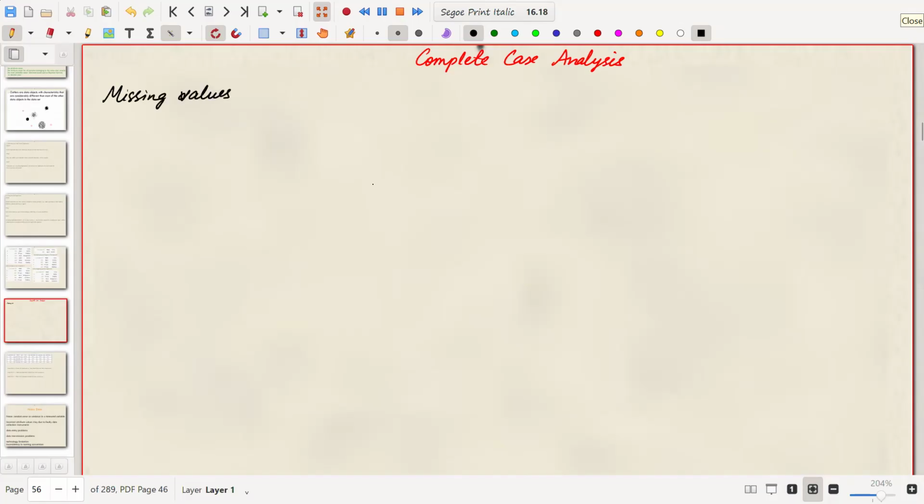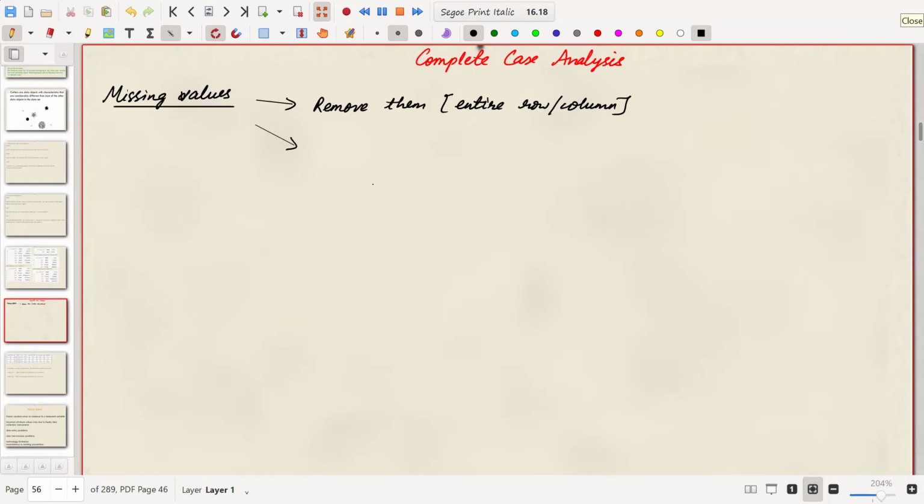Suppose you have missing values. Those missing values, you can either remove them. That means you can remove the entire row or column. As we discussed, if something is missing, you can remove that entire row or column of the data set.